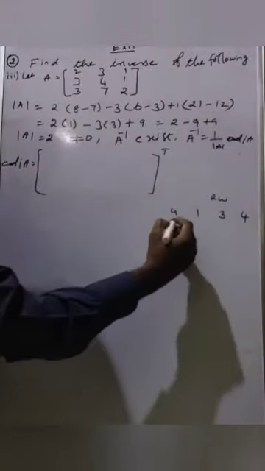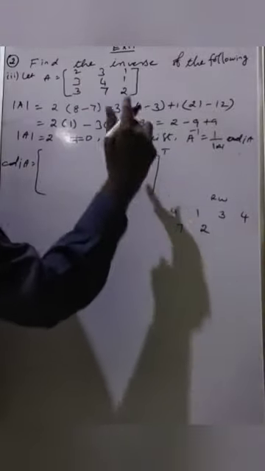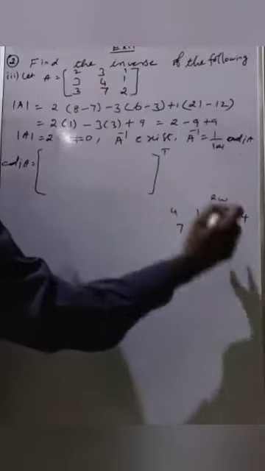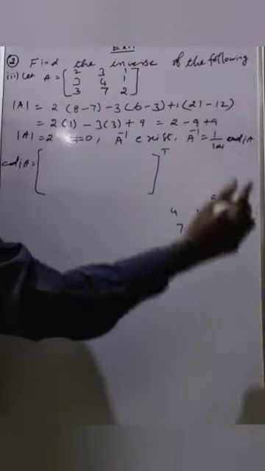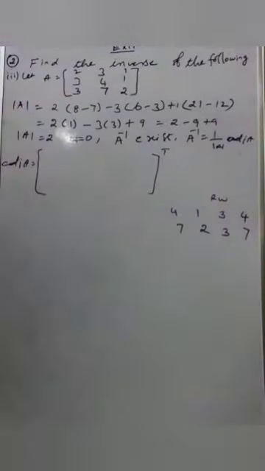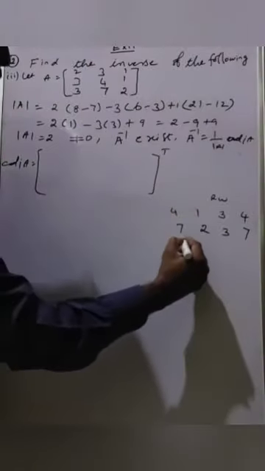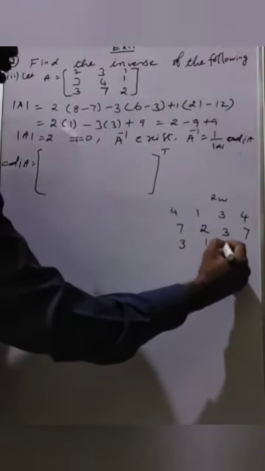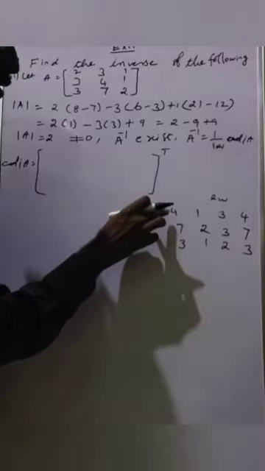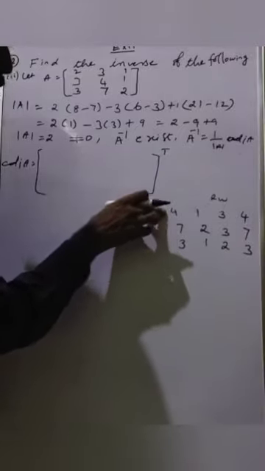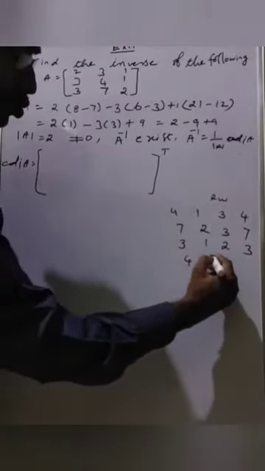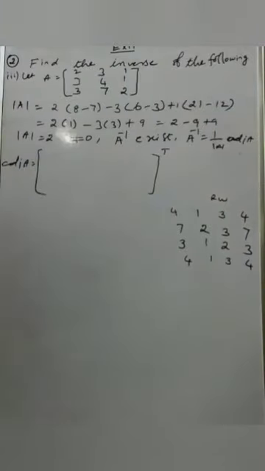Then next 7, 2, 7, 2, 3, then 7. Next, first row, 3, 1, 2, 3. Now here what you wrote first, that you write once again: 4, 1, 3, 4. So rough column we have written.